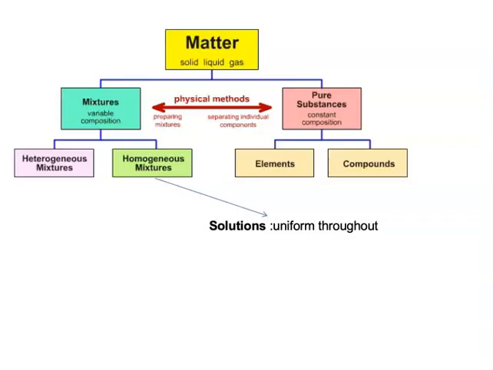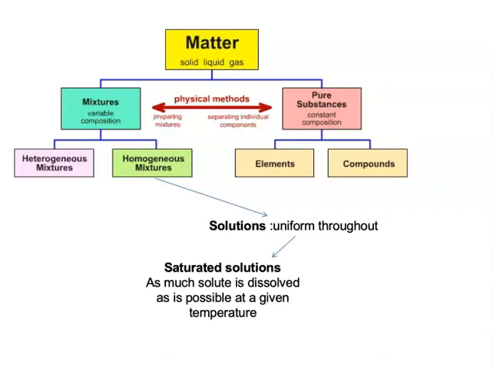On that solution vocab list, there are a couple other things we should have down as we work through the rest of this week. First of all, this idea of a saturated solution. This gives you the idea that solutions can only mix up to a certain point. Eventually, you get to the point where you saturate the solution, meaning that you really can't get any more solute to dissolve in a given solvent.